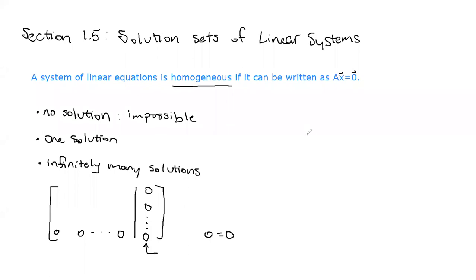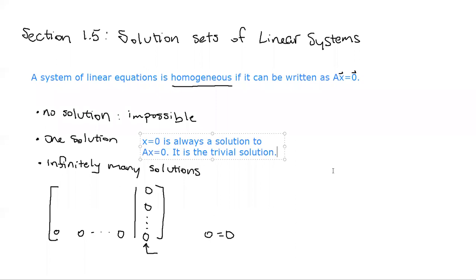So if we always have to have a solution, what would that solution look like? Well, if we think about this homogeneous system of equations as a vector equation, then what we're really doing is trying to find weights for every column of A so that we equal 0. If all of our weights are 0, then it doesn't matter what A is, our system will equal 0.